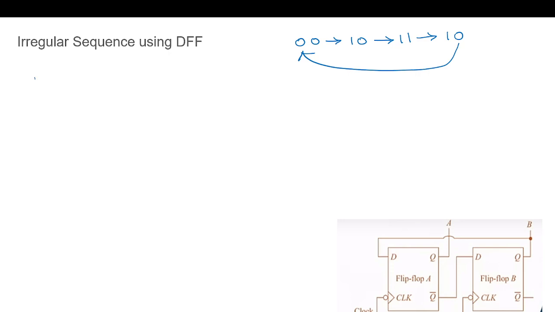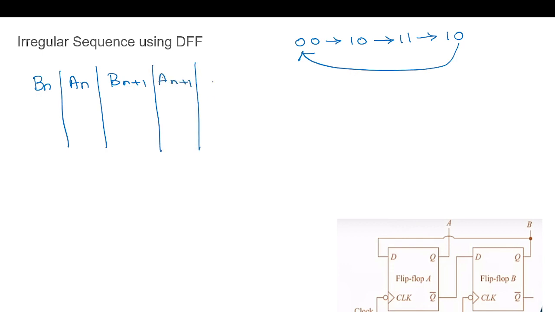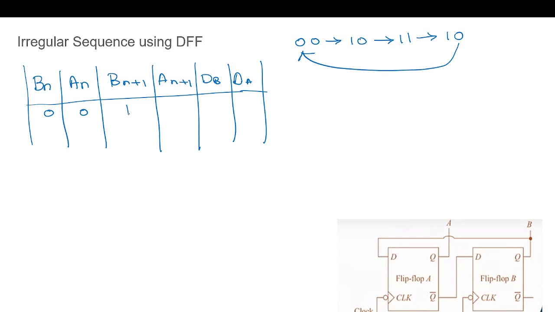If we consider D flip-flop, and the initial state to be 0 0, the next state is 1 0. If it is in 1 0, it should be in 1 1. And if it is in 1 1, it should be in 1. This will be tough for writing the K map.